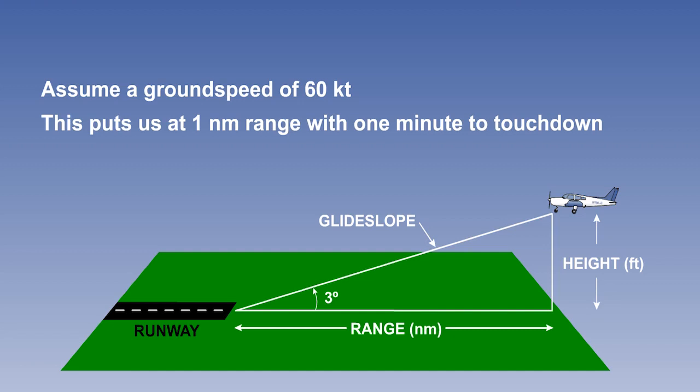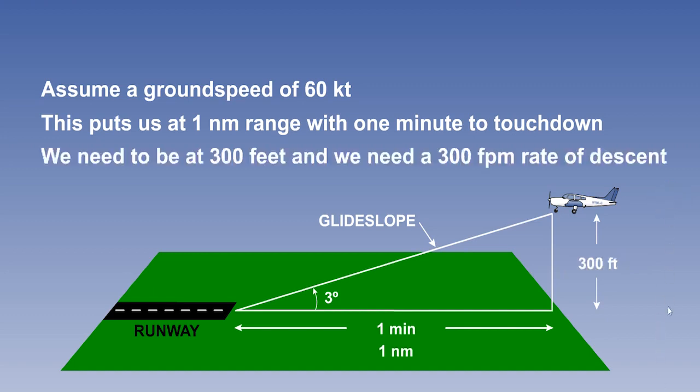So when we are 1 mile from touchdown, we are 1 minute from touchdown. On a 3-degree glide slope, what height do we need to be when we're 1 mile from touchdown? 300 feet. So, we have 1 minute to touchdown and we're at 300 feet. We need a rate of descent of 300 feet per minute.